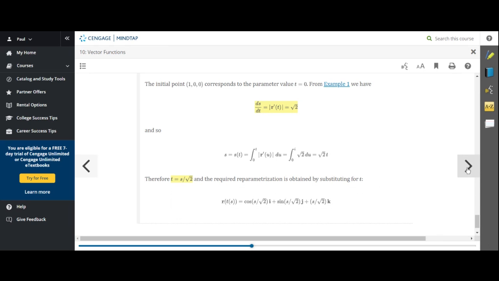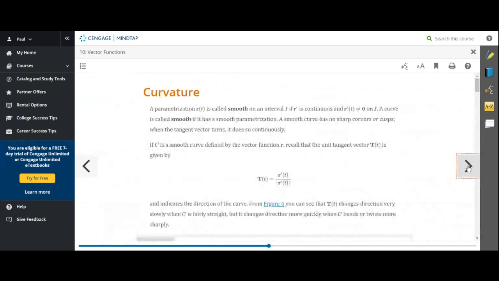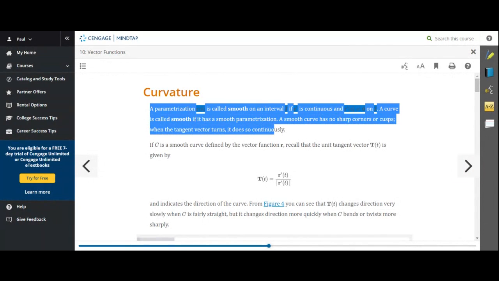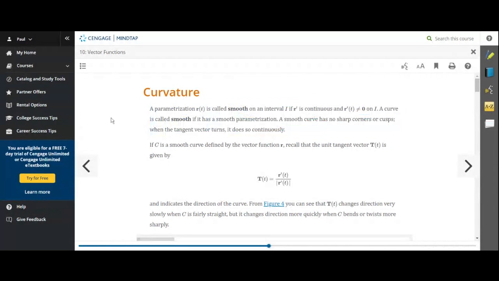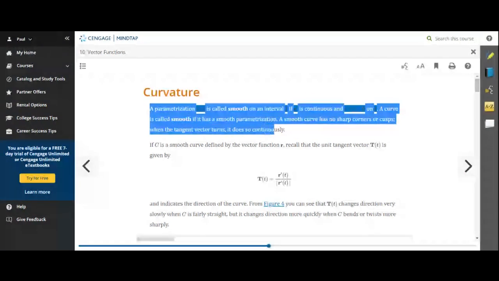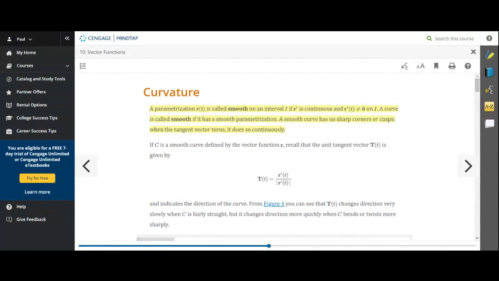All right, let's move on and talk about curvature. A parameterization is called smooth on an interval if its derivative is continuous.